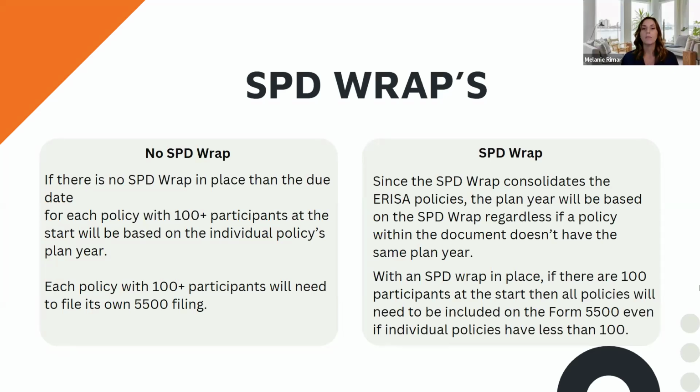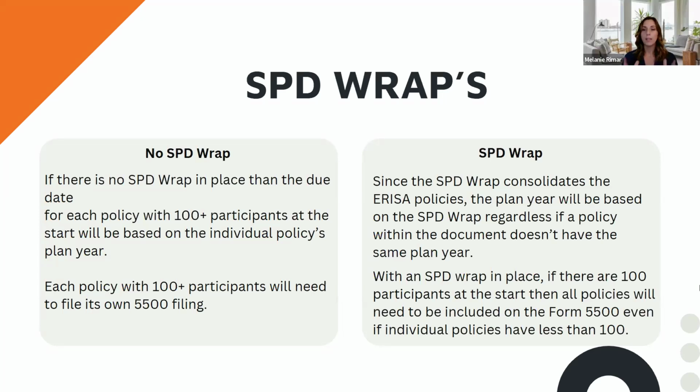So let's say you have a medical plan that's calendar year and it has 100 or more participants. It will need its own 5500 and its own plan number. And then let's say you have a life insurance policy that needs its own 5500. It will have the plan number 502.